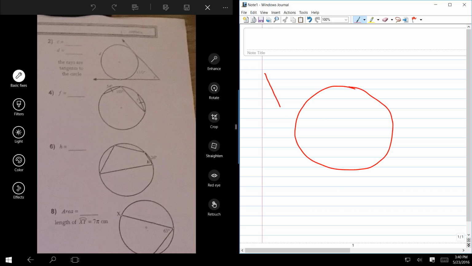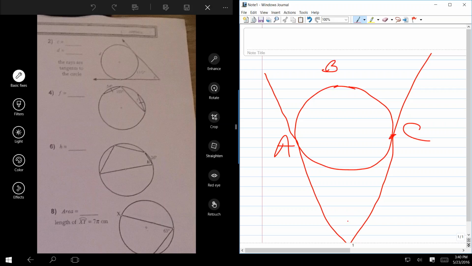If I have two tangent lines, and they connect at A, theta equal to... Theta is... I'm trying to move the controls so you can see better.